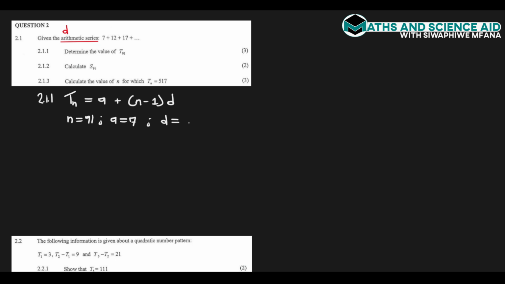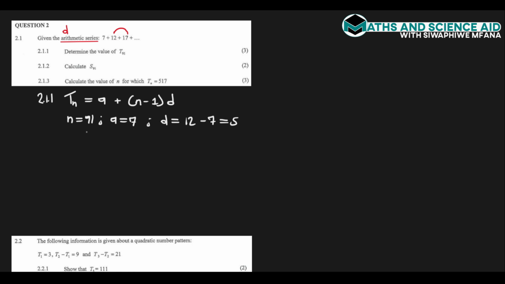We can work this out by subtracting the first term from the second term: 12 - 7 = 5. Alternatively, the third term minus the second term is 17 - 12, which is also 5.